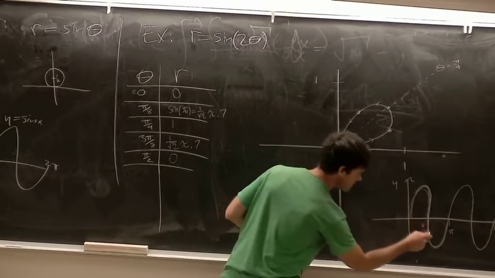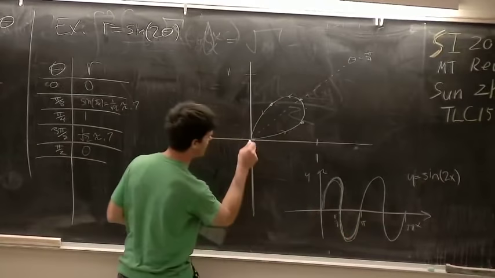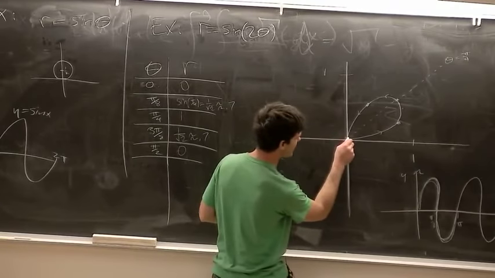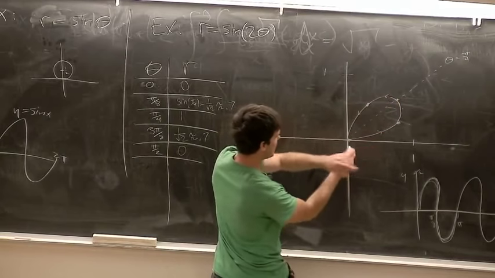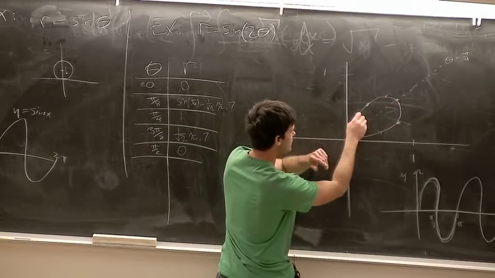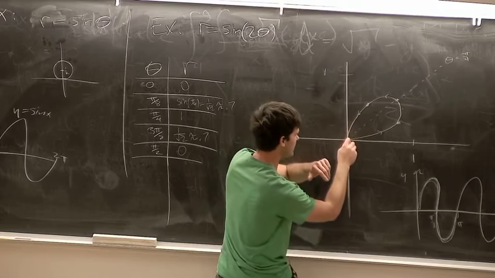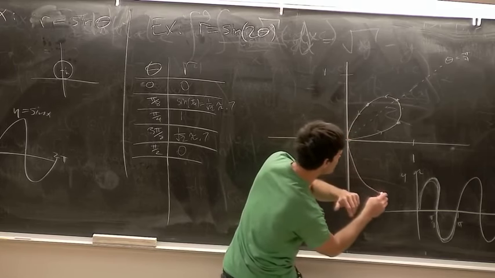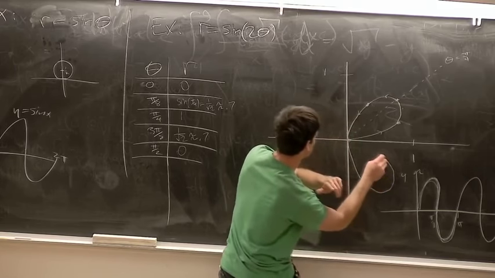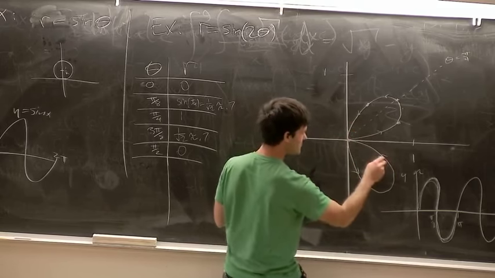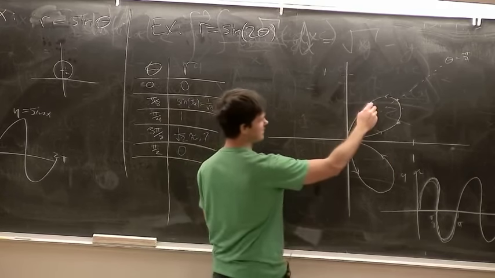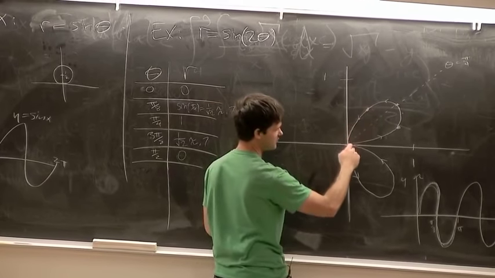On this stretch of the graph of sine x, it's going to be a lobe in the negative direction. And if you trace where it's going, it's going to do this. There. Maybe you can see this sort of trajectory.